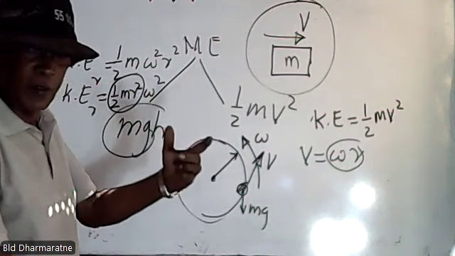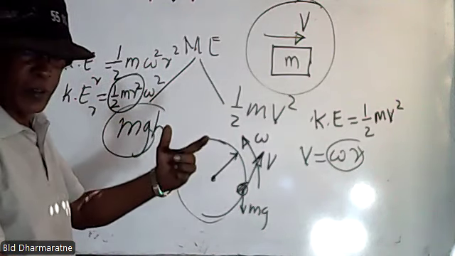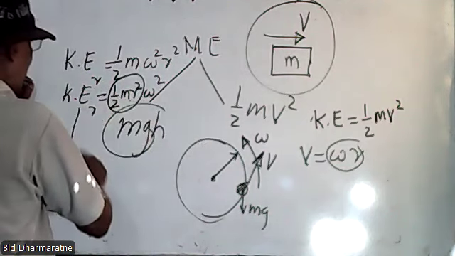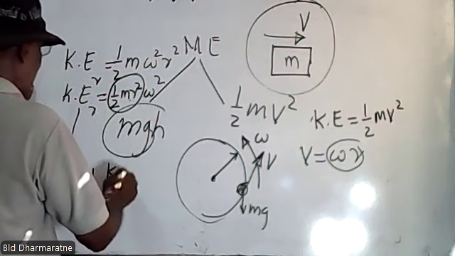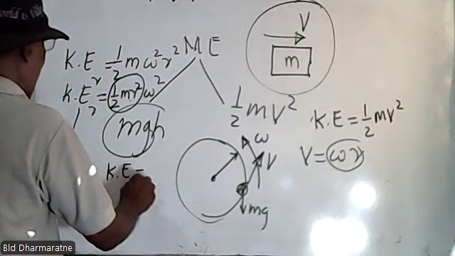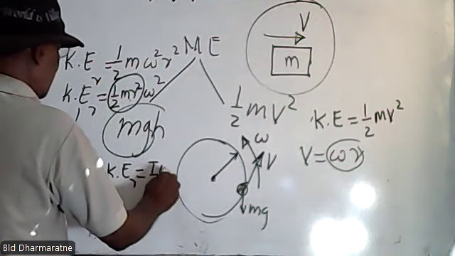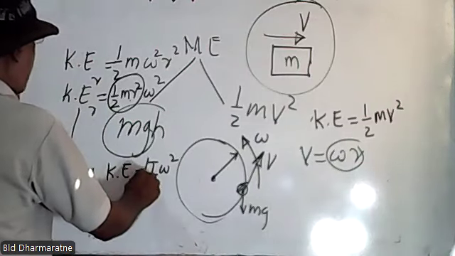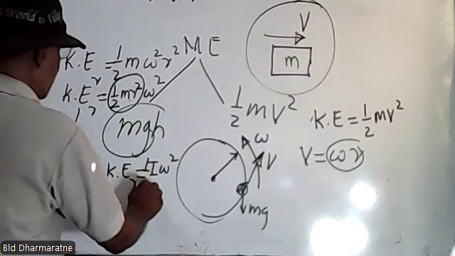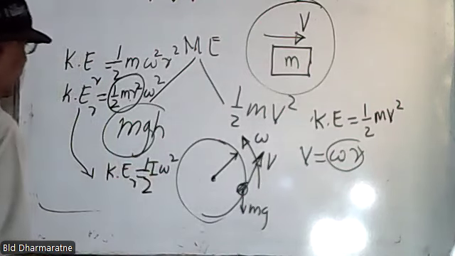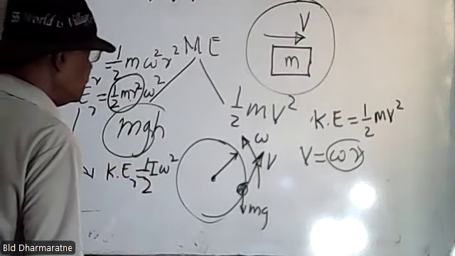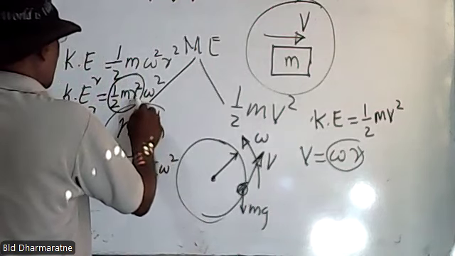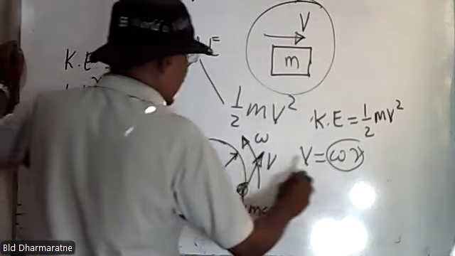Geometrical figures were discussed in earlier videos; you can see half m r squared is I. Then the rotational kinetic energy equals half I omega squared.